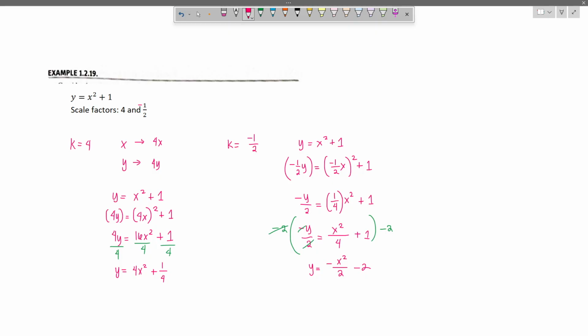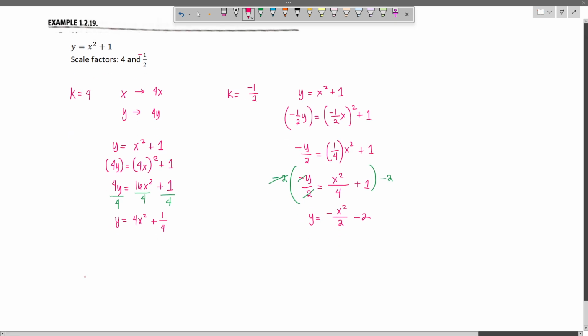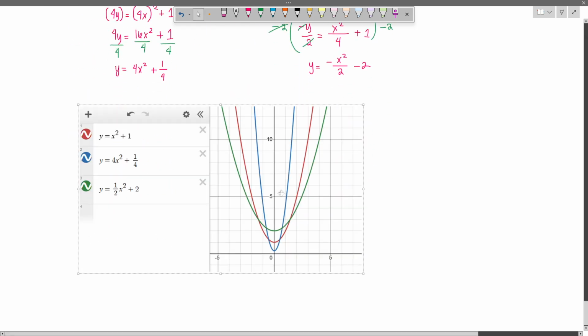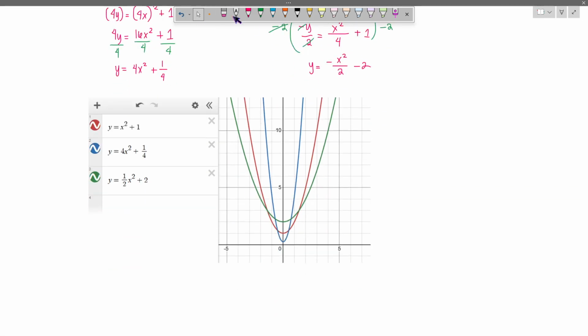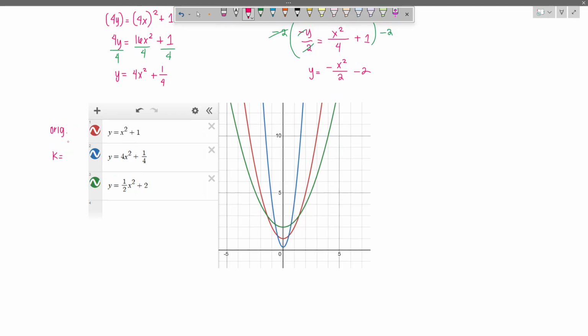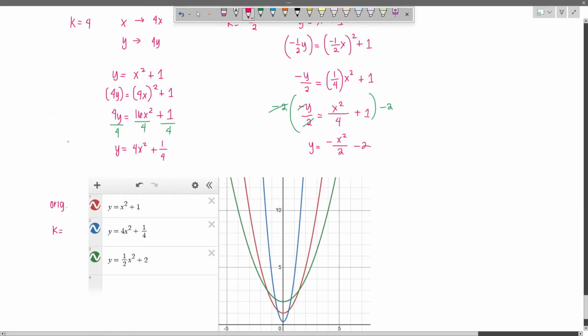And then from there, we can plot the graph, or you can use a graphing calculator to see what it looks like. So I have pre-made some. So this is the original one, original. And then this one is with a scale factor of, what was it? 2? Oh, 4.